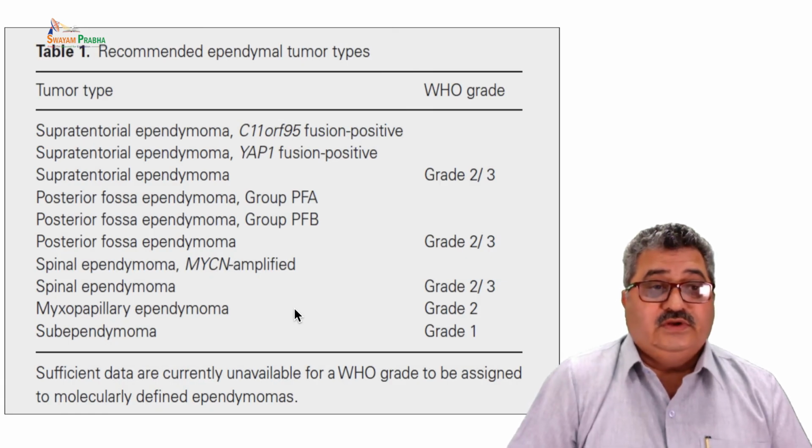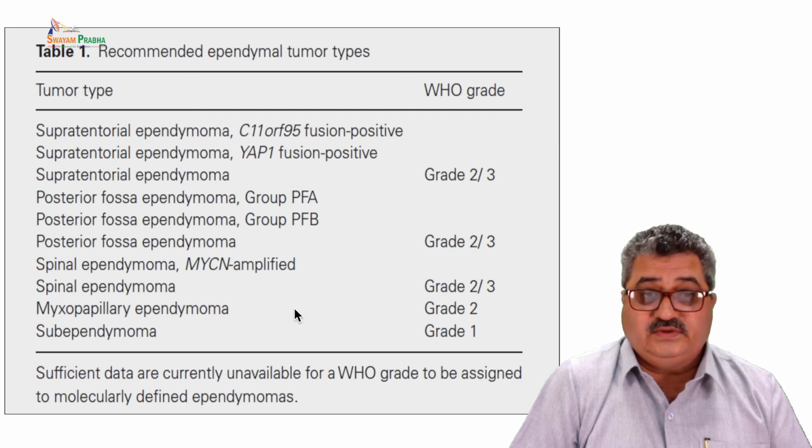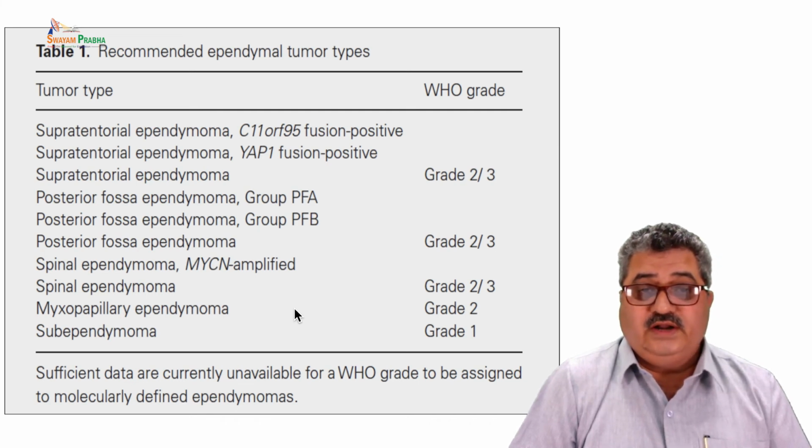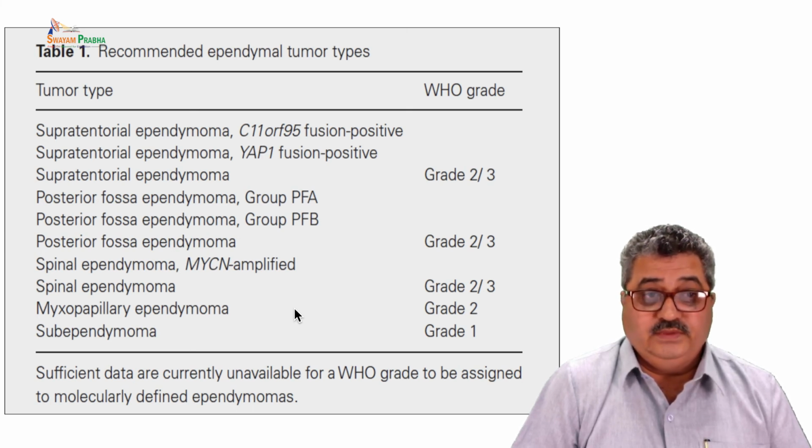What WHO recommends in the upcoming WHO book is that the supratentorial ependymoma should be classified as C11orf95 ZFTA fusion positive or YAP1 fusion positive. They should not be graded into grade 2 or grade 3.